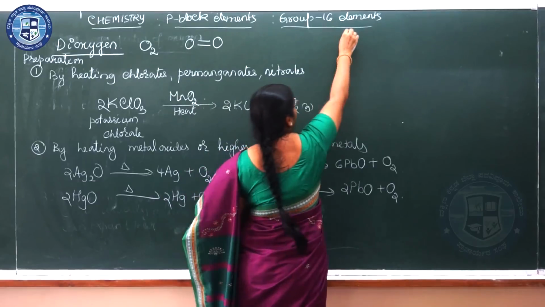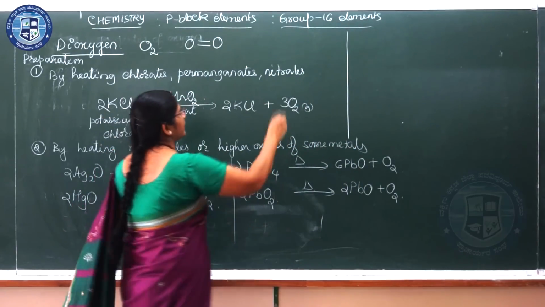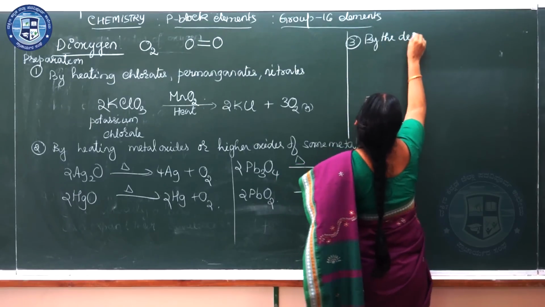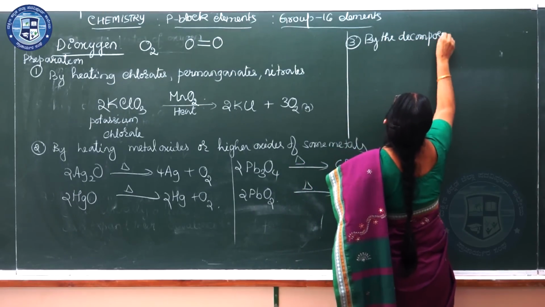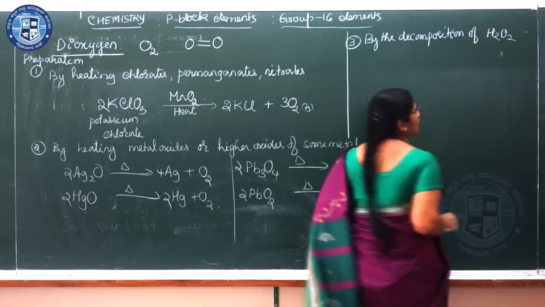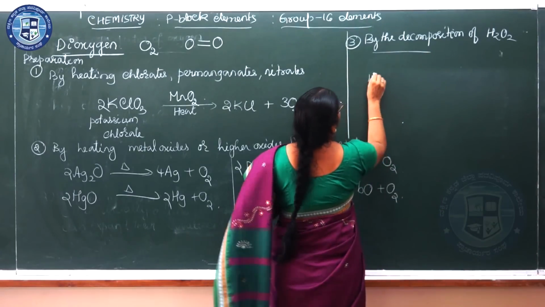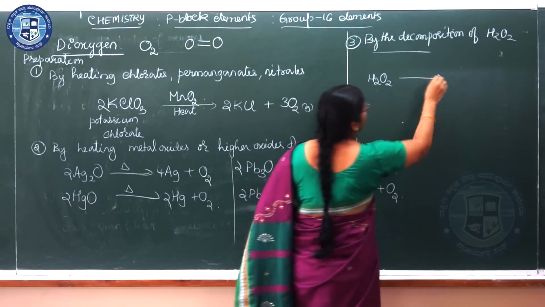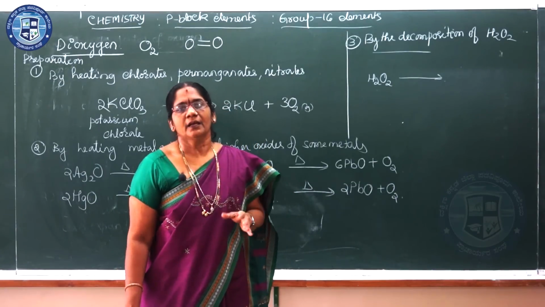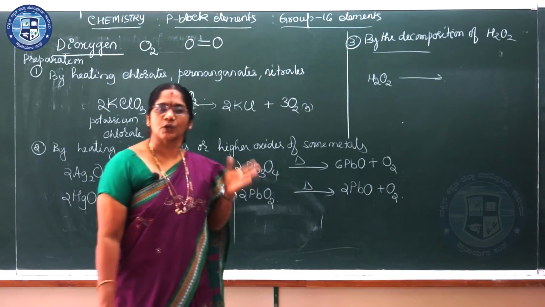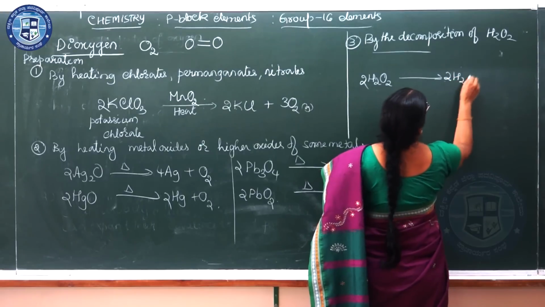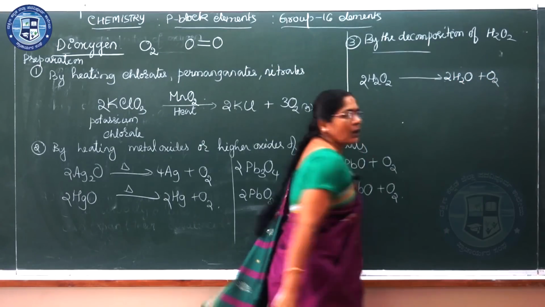And then we also have another method, the third method, by the decomposition of hydrogen peroxide. Hydrogen peroxide is not a very stable compound, even in the presence of dust particles or any metal acting as the catalyst or even manganese dioxide, it decomposes to give water with the evolution of oxygen gas.